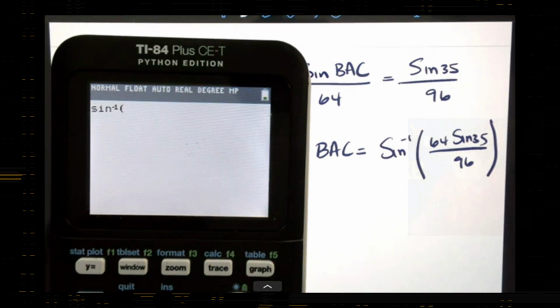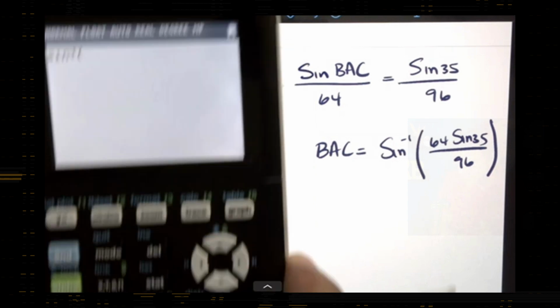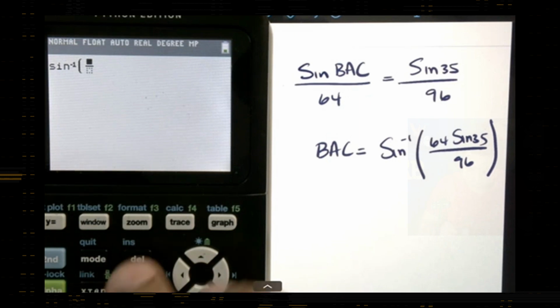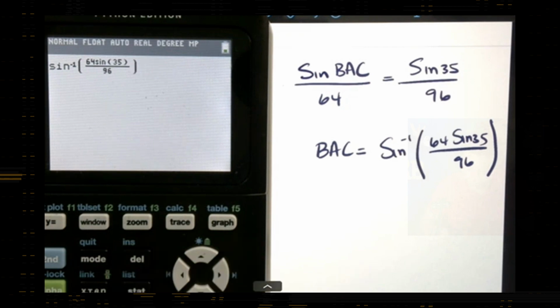Inverse of sine, and the cool part of this calculator, I'm using the TI-84 Plus CE, is that I can work with the fraction using this alpha button and this green icon here. So 64 sine of 35 divided by 96. There you go. The angle is 22.5.